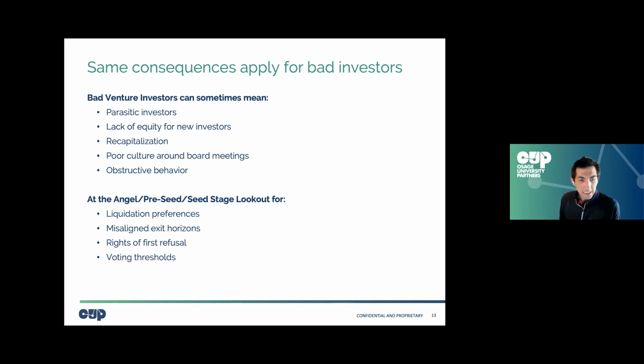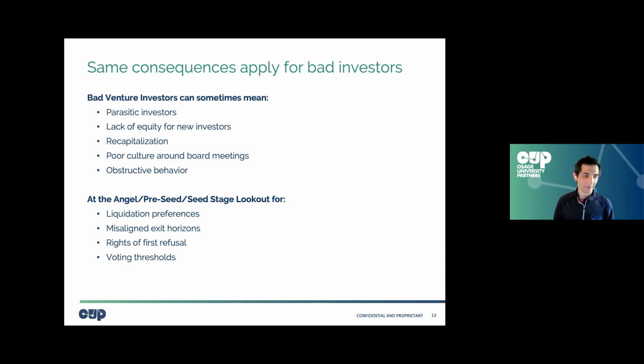Those are the types of things you want to think about when you are bringing a new investor into your company. Particularly at the angel and pre-seed level, there are a lot of terms that you should watch out for. Particularly liquidation preferences that I mentioned before, but also rights of first refusal, which deal with pro rata rights, and then voting thresholds. Think of any terms that you accept in a round as the precedent for all future rounds.